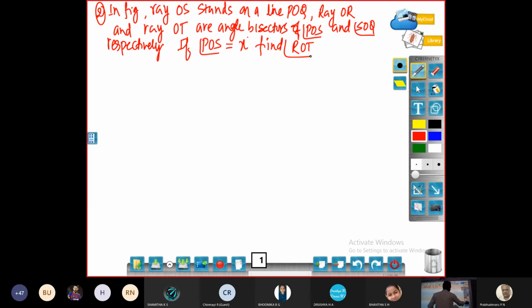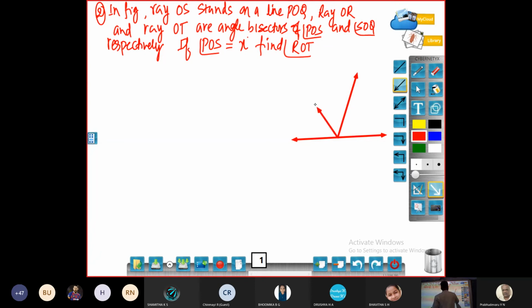So let us draw the diagram for this. PQ is a line, and then we can take OS as a ray. Now the bisectors of these angles are OR, like this, and then another one is OT.